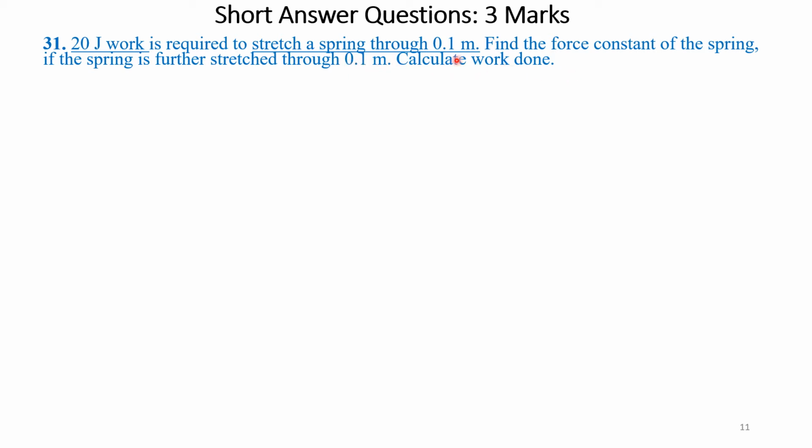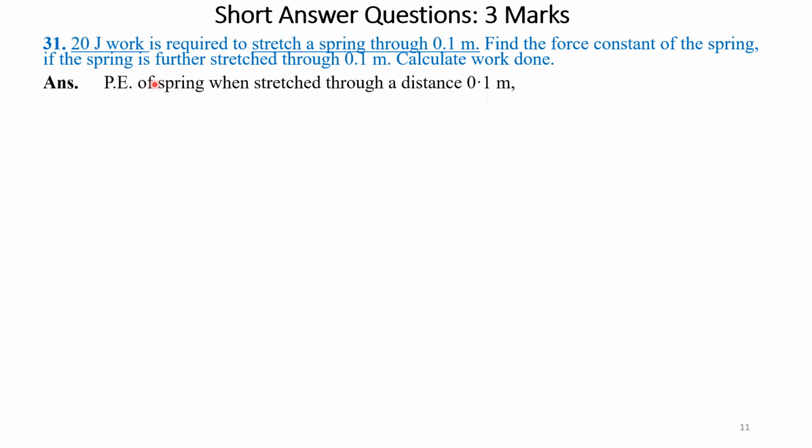Here, work is given and the initial stretch x1 is given as 0.1 meter. We are required to find the force constant, that is spring constant, small k. Initially it was stretched 0.1 and it is further stretched by another 0.1. Calculate the work done.